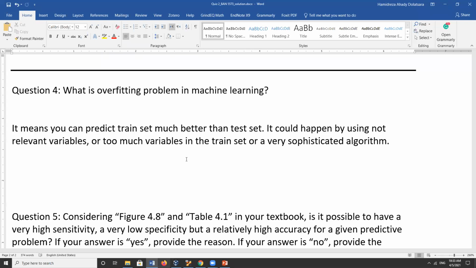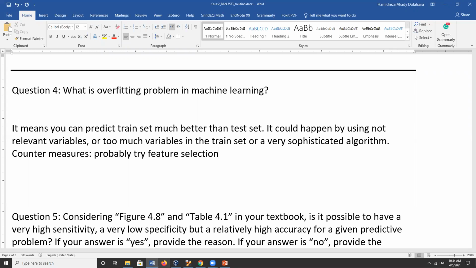So what can you do? There are some countermeasures. Maybe if you have too many variables or not useful variables, you can try feature selection.